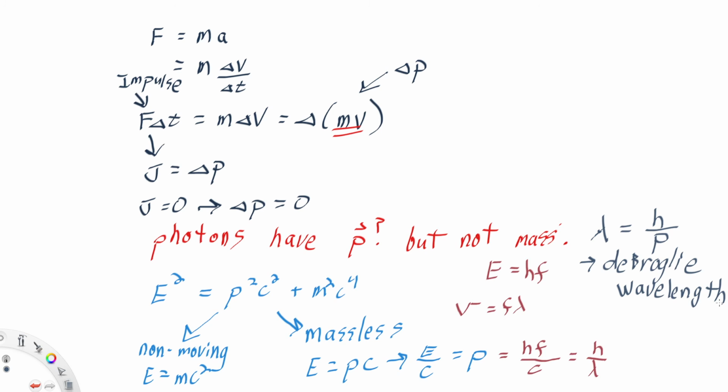So velocity is not in the numerator. No? I guess I don't understand what you're asking there. Oh, forgot about c. Yes.